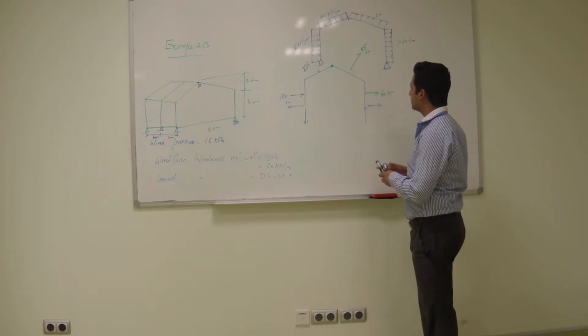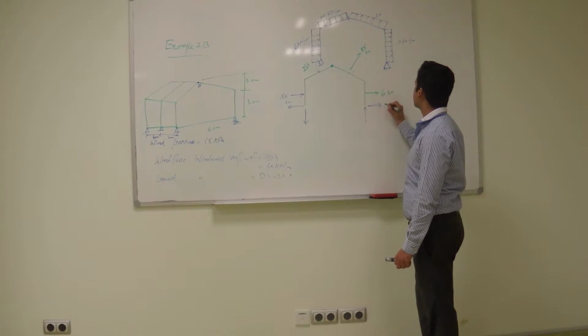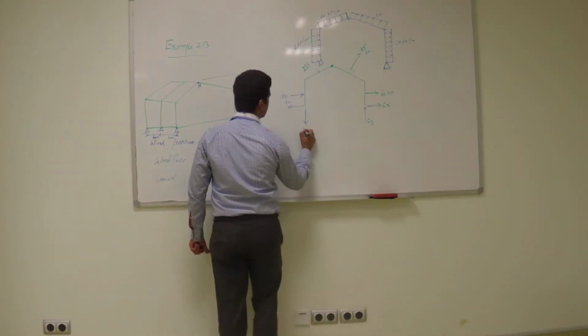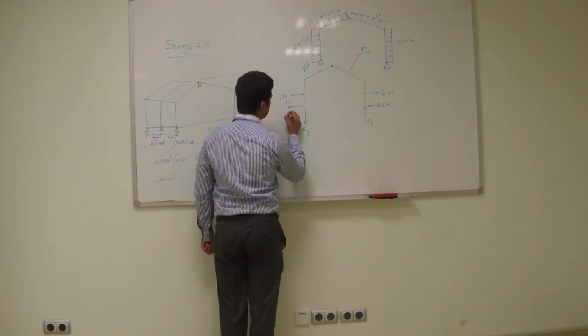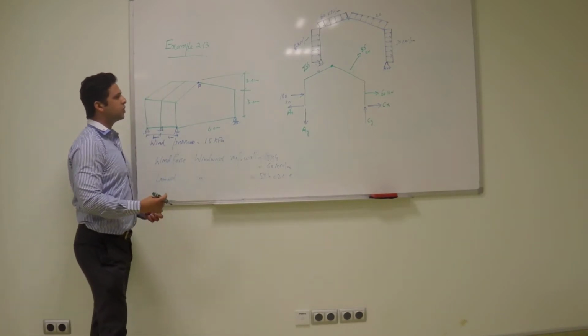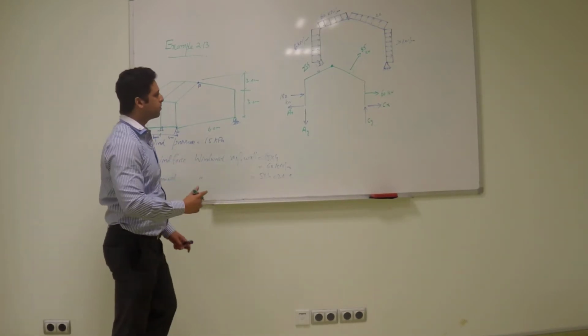So what are these reactions? It is A, and here that's C. So CX, CY, AY. Let's first apply sigma Fx and sigma Fy and check whether we can solve it or not.